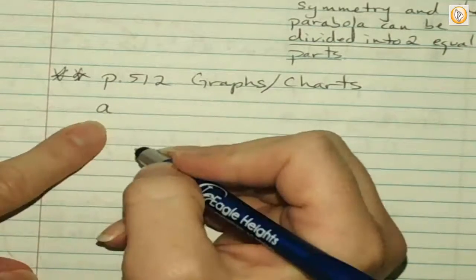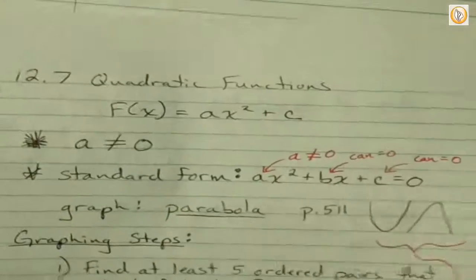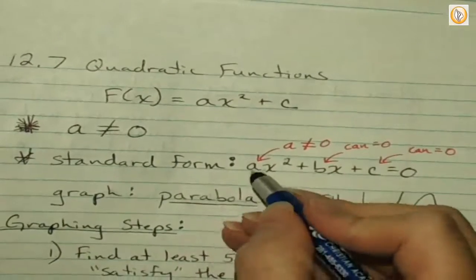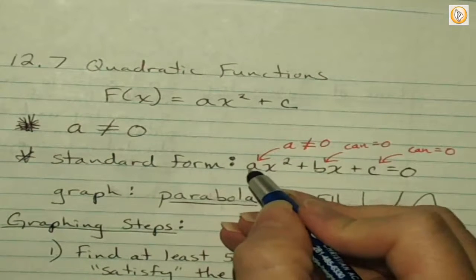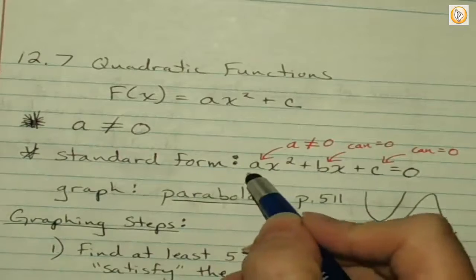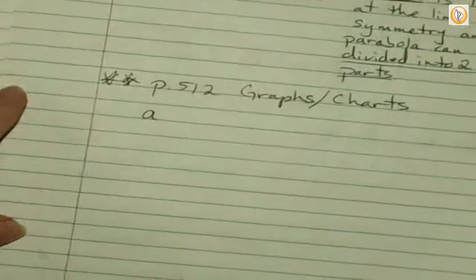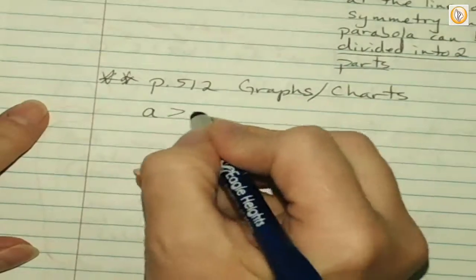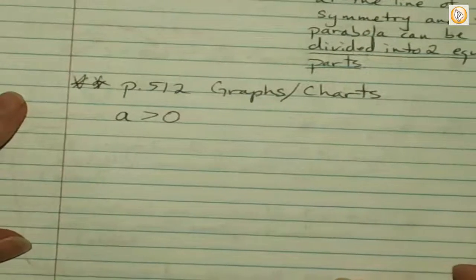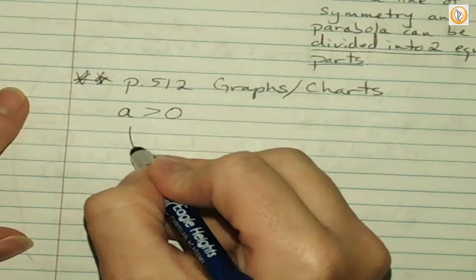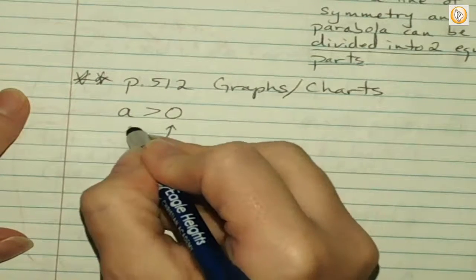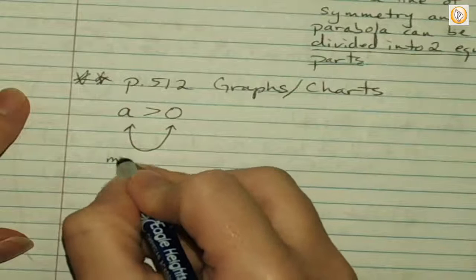If a, the number a, the constant that goes in the place of a, the number that goes in a, is greater than 0, then you're going to have a minimum graph.